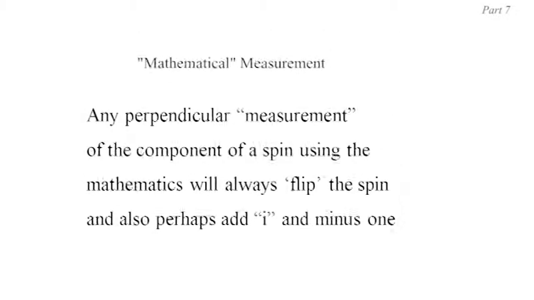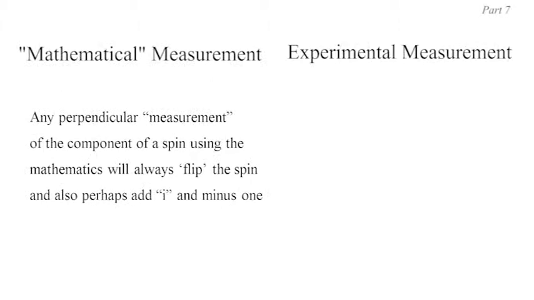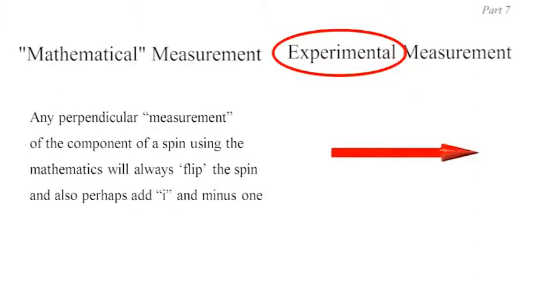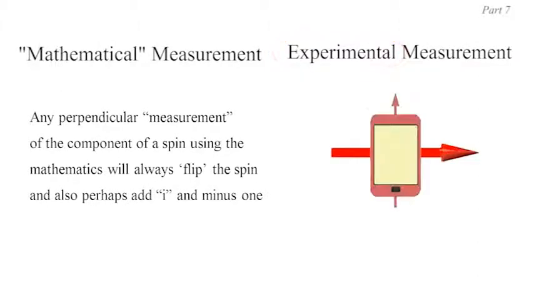And for comparison, you may want to remember that for any perpendicular experimental measurement using apparatus, there will always be a 50-50 chance of getting the answer +1 or -1. So the flipping of a spin mathematically in a perpendicular measurement, in a sense, compares with a 50-50 measurement of an answer one way or the other for a perpendicular measurement, if that makes sense to you.